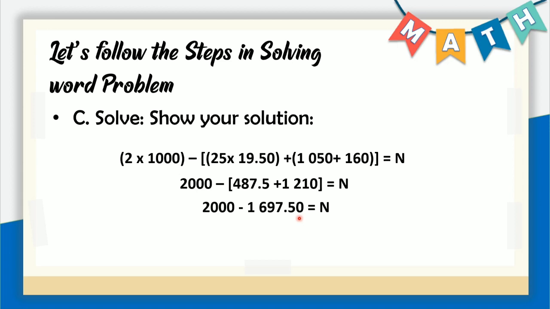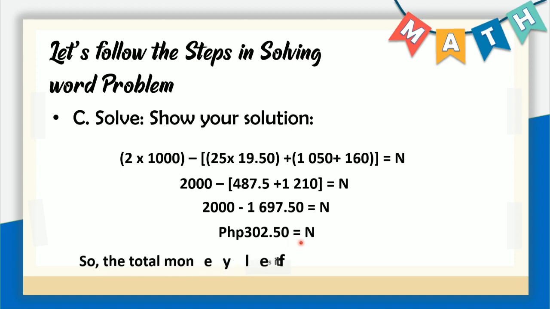And lastly, we will subtract: 2,000 minus 1,697.50 is equal to 302.50, or 302 pesos and 50 cents, is the value of n. So the total money left is 302 pesos and 50 cents.